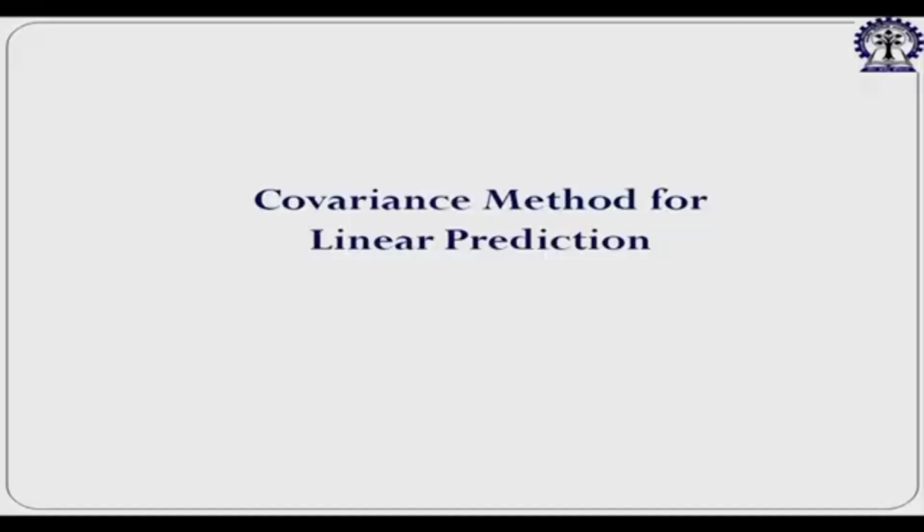So, this is the autocorrelation method I have described. Then there are other methods also: the covariance method for linear prediction.